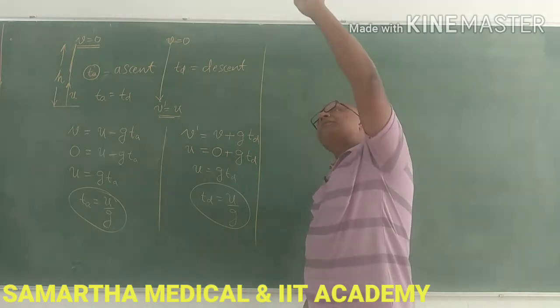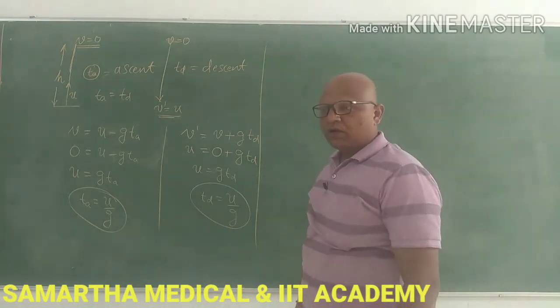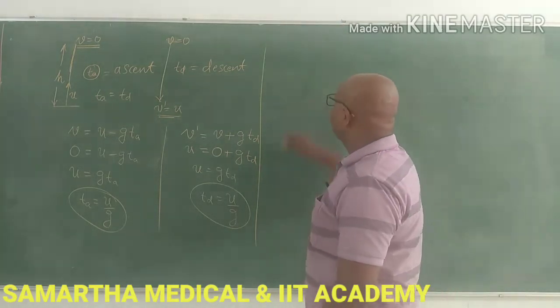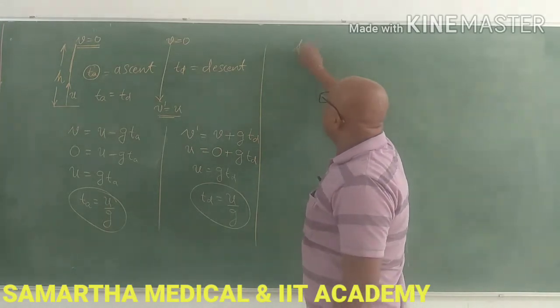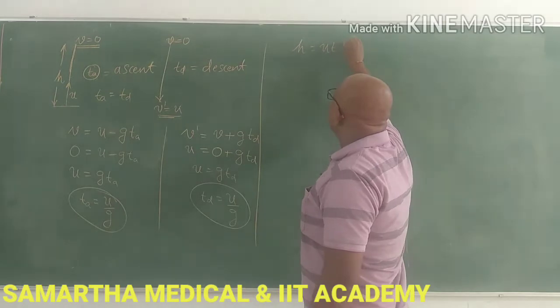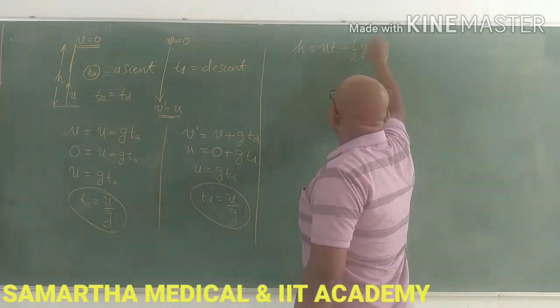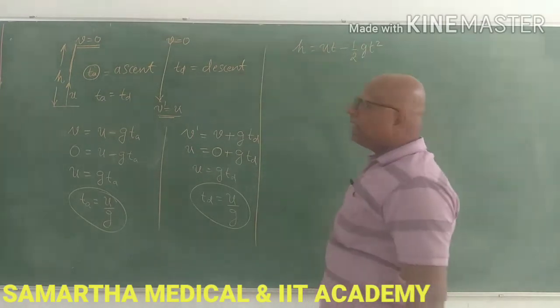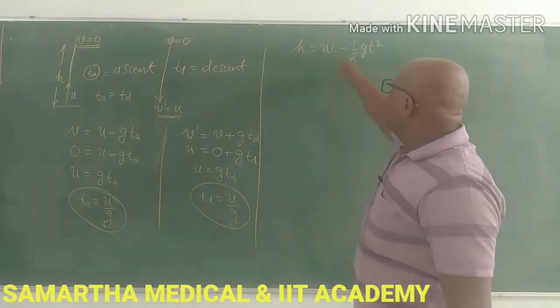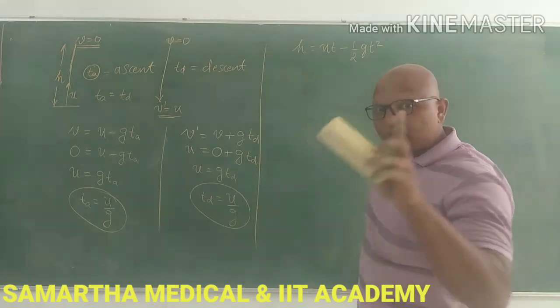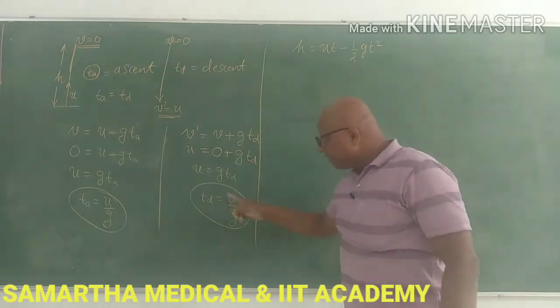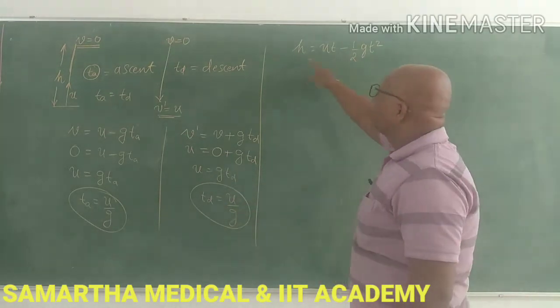Let's have the equation for calculation of the height of the throw, meaning to what height the object goes when I throw it with a certain velocity u. I will use the second equation, h is equal to ut plus minus half gt square, because h is the height obtained, t is the time taken, and g is the acceleration. If you know the time of ascent, you can calculate h.